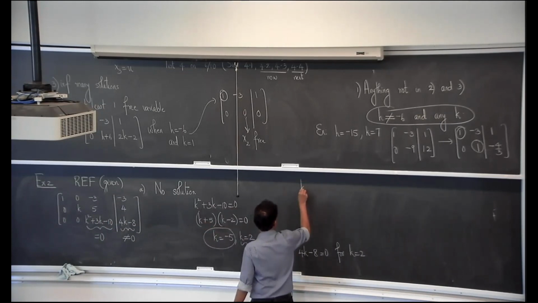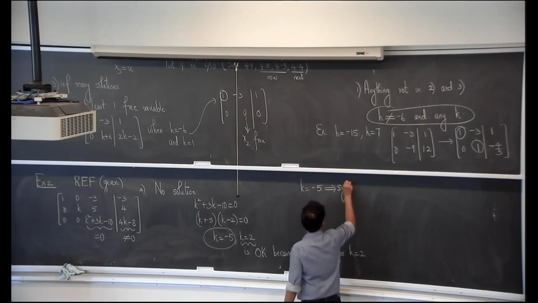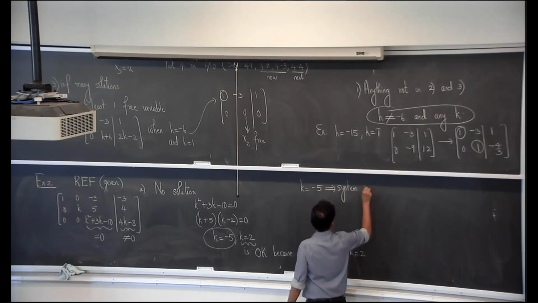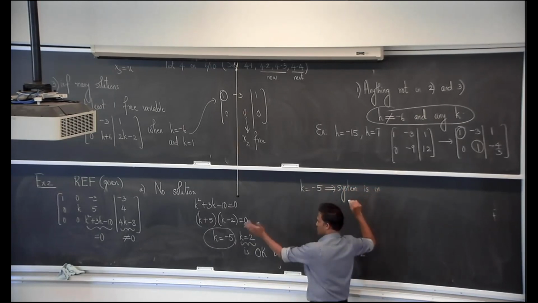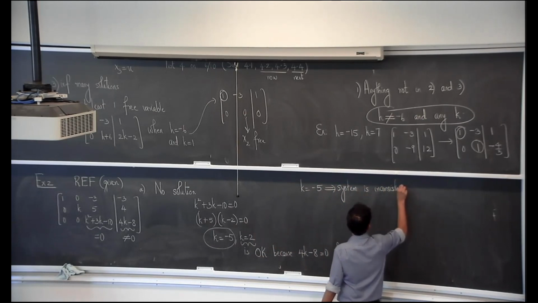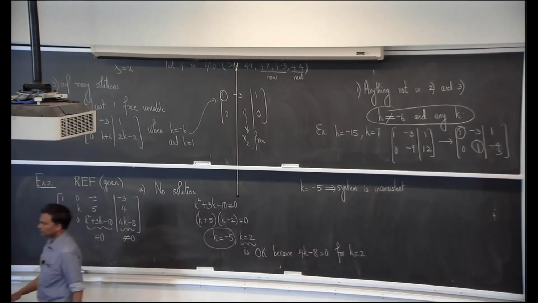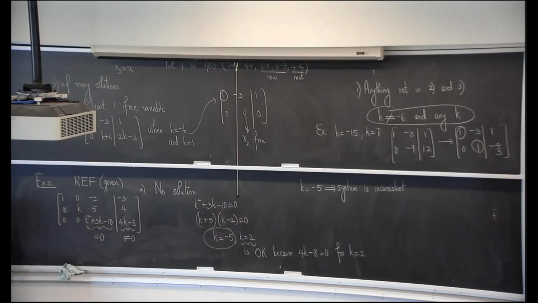So when K equal to negative 5, the system is inconsistent, because then you have 0, 0, 0, non-zero. All right. So that is one thing to avoid when we write the solution for the unique part. Right?